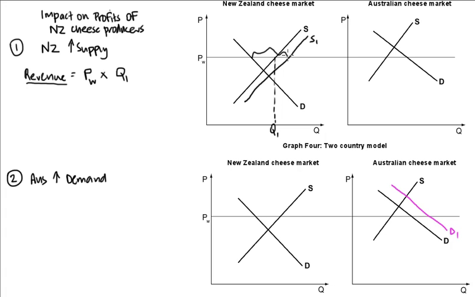So most of you, I think, will be able to identify what that will do. Because there's a greater surplus in New Zealand, what are New Zealand cheese producers going to do? They're going to have to drop their price.